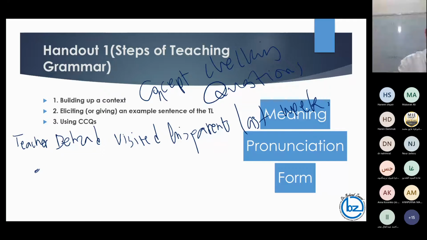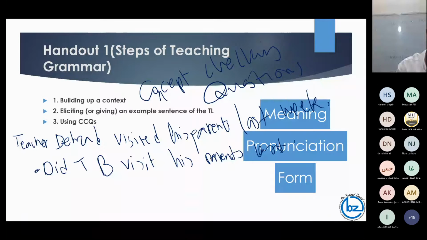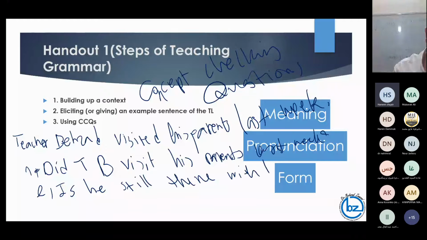So, did teacher Behzad visit his parents last week? One CCQ question. Number two, is he still there with his parents? No. Is it finished?